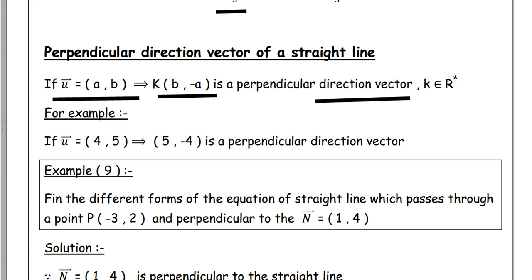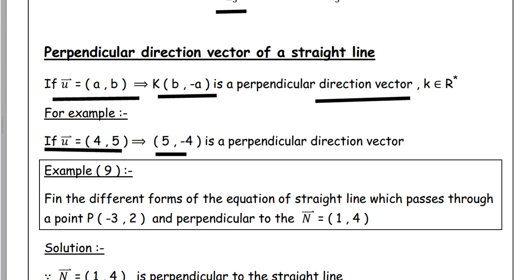So we change its sign and get the multiplicative inverse of it: the additive inverse and the multiplicative inverse. So change the sign and get the reciprocal. So if u is 4 and 5, then 5 and negative 4 is a perpendicular direction vector.